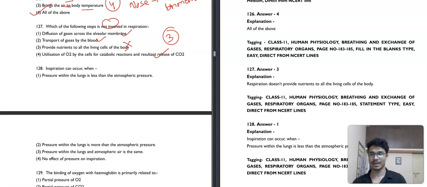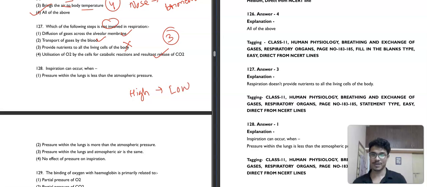Then question number 198. Inspiration can occur when pressure within lungs is less than atmospheric pressure. Inspiration. Okay. So air will go from high pressure to low pressure.